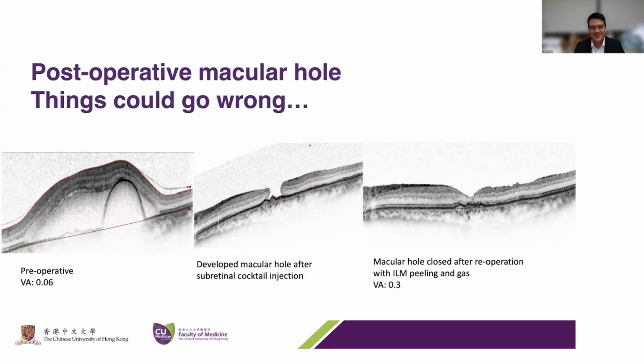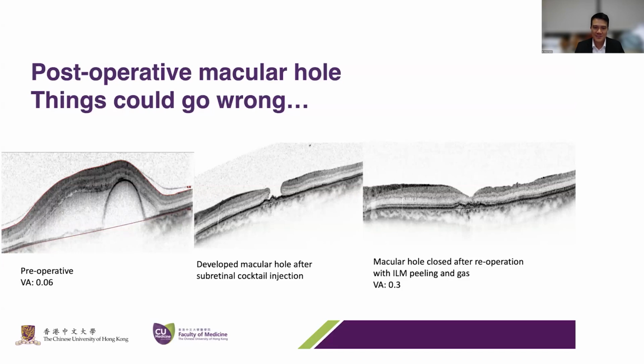But I'm not trying to sell subretinal injections too hard, because there could be some unique complications not seen in the pneumatic displacement group, which is macular hole. Macular hole seems to be a unique complication of subretinal injections. As you can see in this case, the preoperative vision is 0.06.